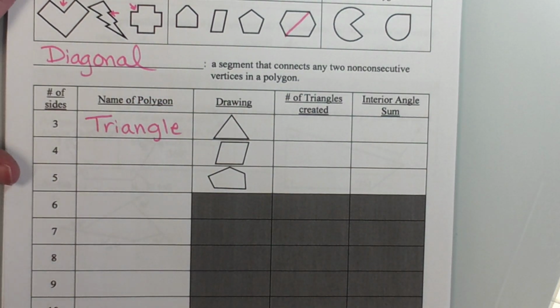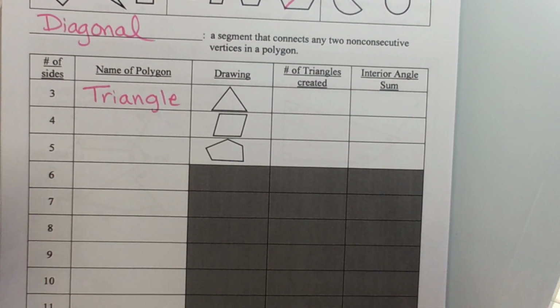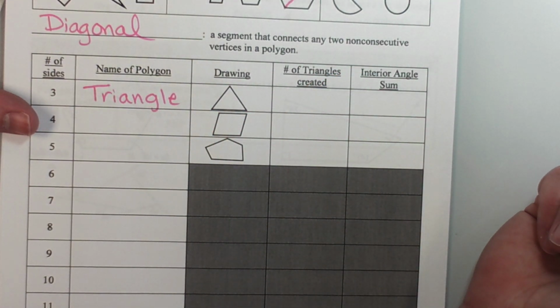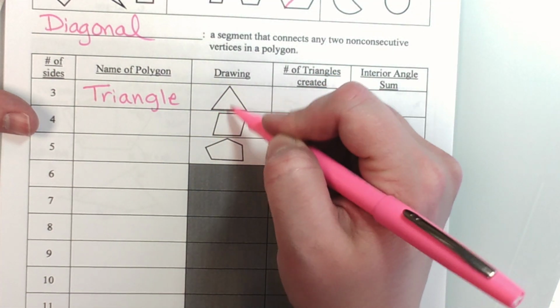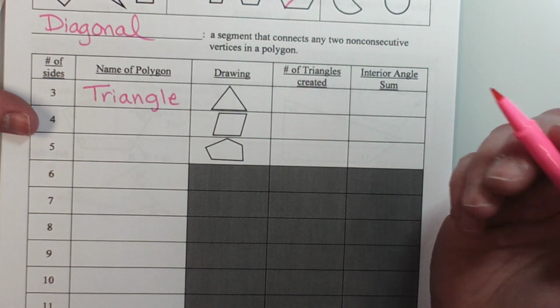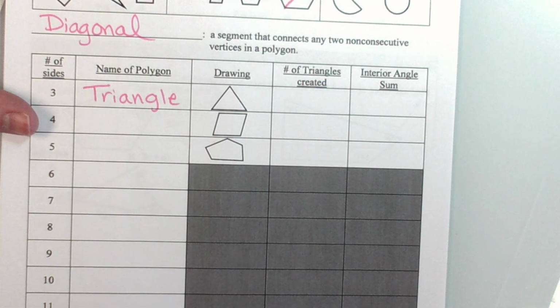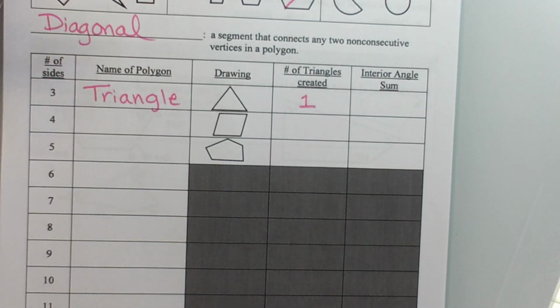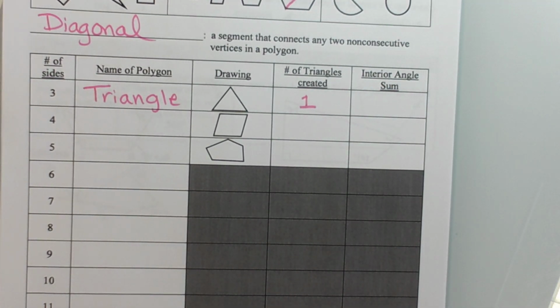Now, if this is my triangle, it is impossible for me to draw in any diagonals. There's no diagonals in a triangle. Therefore, I create one triangle, and the interior angles of the triangle add up to what again? 180.